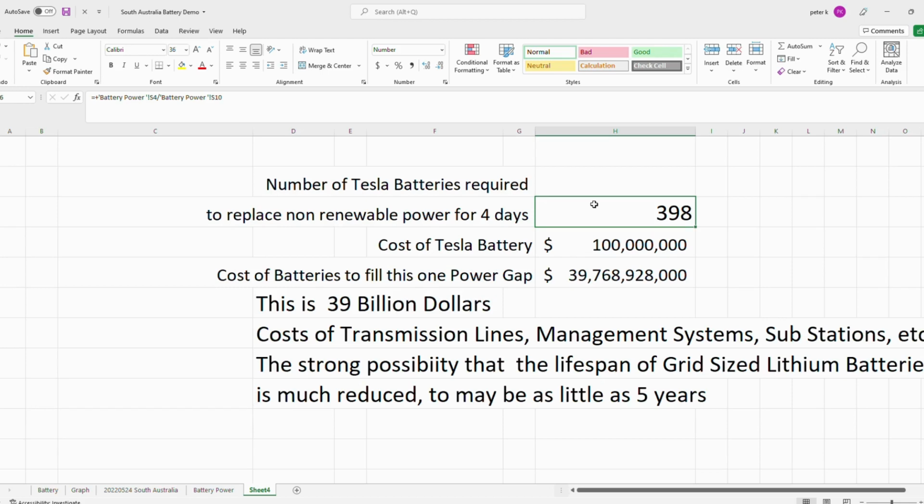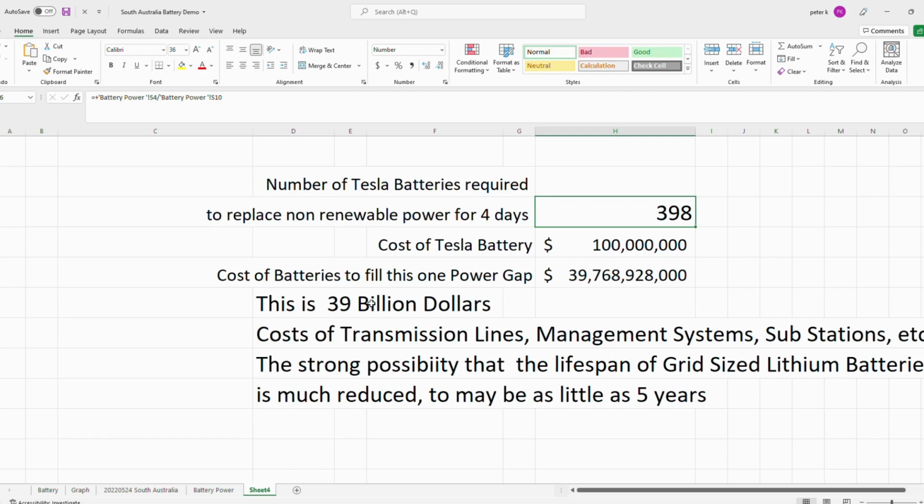So the cost of Tesla batteries to fill this 4-day renewable power gap is 398 times 100 million, which is $39 billion. I'm pretty sure this doesn't include the cost of transmission lines, management systems, substations, etc. All the stuff you need to integrate 398 batteries into the current grid system.